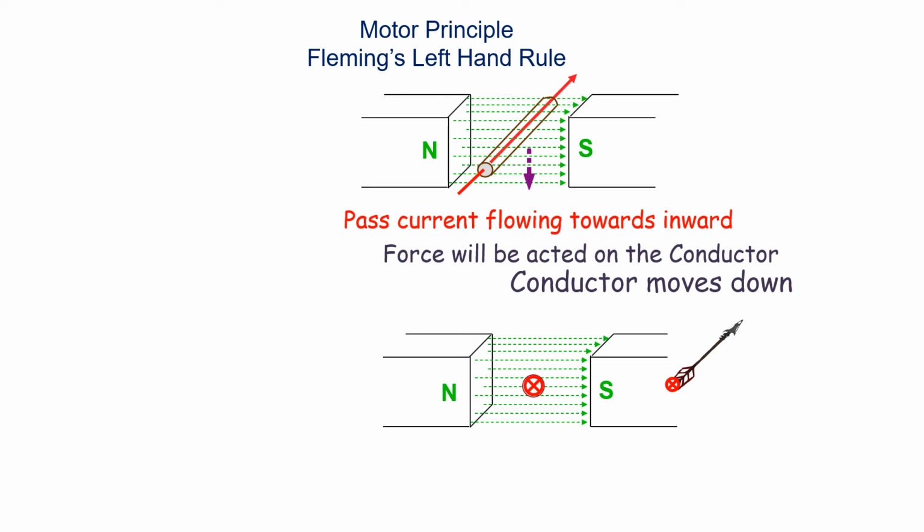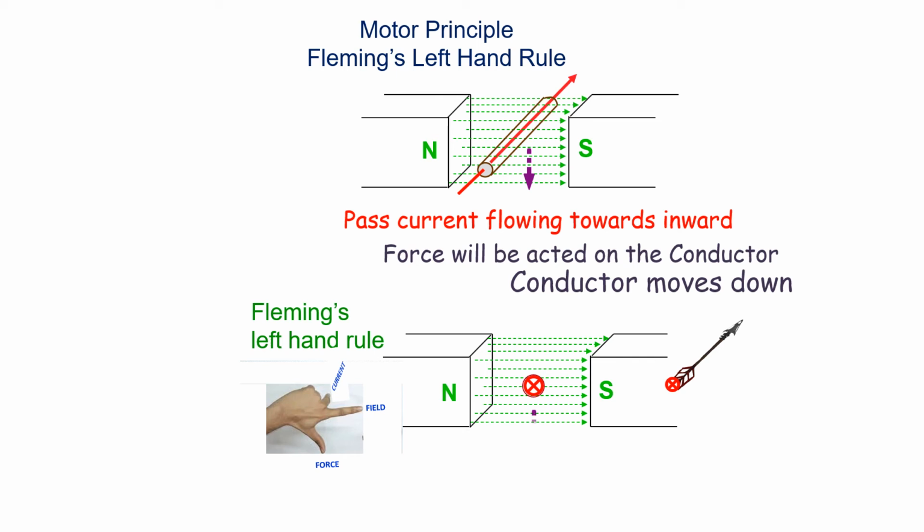You can see the tail of the arrow by means of a cross. When you apply the Fleming's left-hand rule, the force acted on the conductor is shown by the thumb downwards. So the force is downwards. Because of this, the conductor moves down.